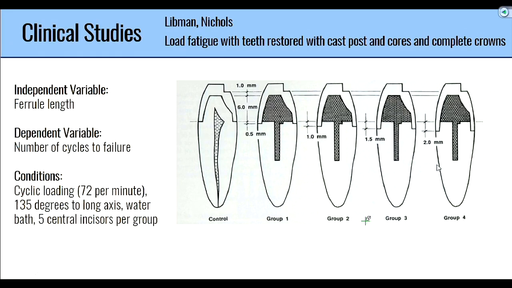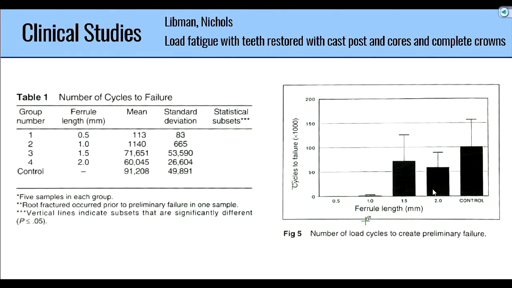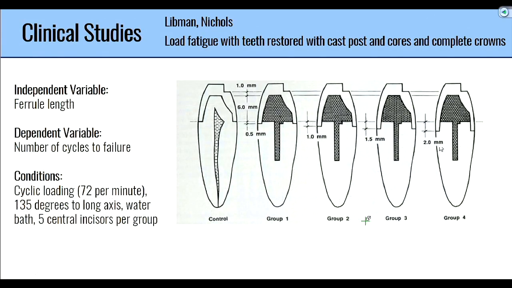By the time you drill lower, you see there's less bone supporting this tooth. So my theory is, why did the 2 millimeters fail at a quicker rate than the 1 millimeter? Because you have a less favorable crown to root ratio compared to this, okay? So if you want to increase ferrule, at some point you remove so much bone that this tooth becomes mobile.